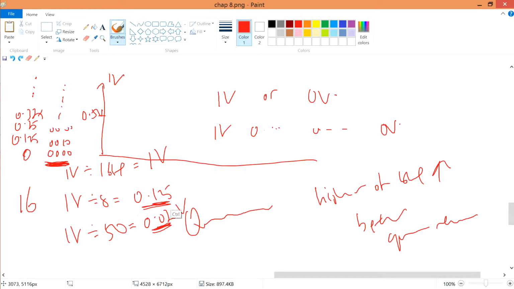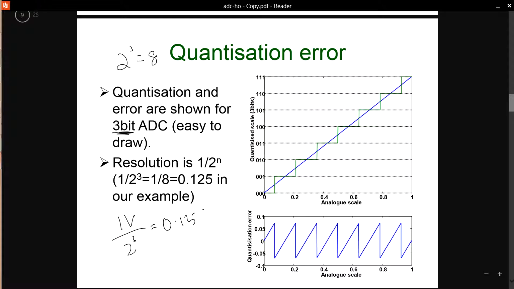If it's 4-bit, 1 volt divided by 2 to the power of 4, which is 1 divided by 16, is 0.0625. So it's not 0.125. But anyway, the more bits you have, the more refined your resolution will be.